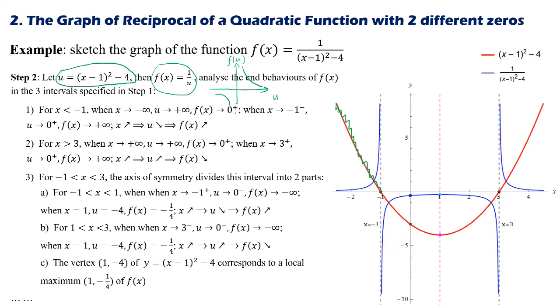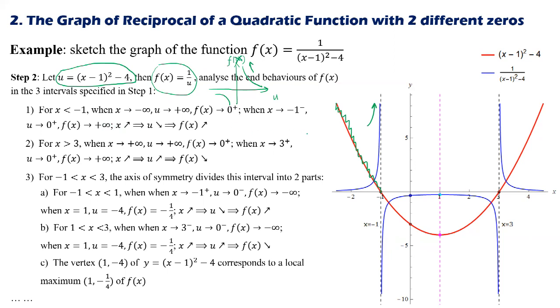Using the same method, we can analyze that when x approaches minus 1 from the negative side, u approaches 0 from the positive side. So when u approaches 0 from the positive side, f(x) approaches positive infinity.